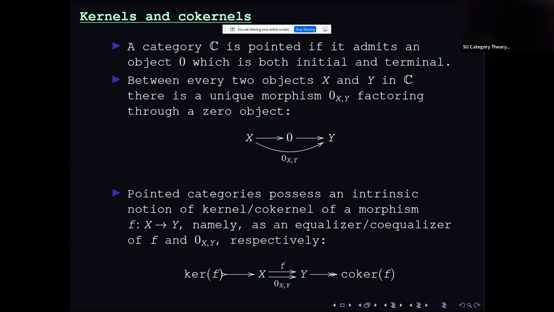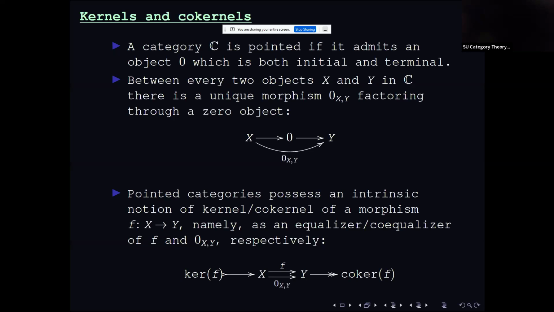So between any two objects, there is a zero morphism. It's a unique morphism which factors through a zero object. For instance, in the category of groups, if X was a group and Y was a group, the zero morphism from X to Y just maps every element in the group to the identity in that group. Now, why pointedness? Because pointedness is a categorical context where we have an intrinsic notion of kernel.